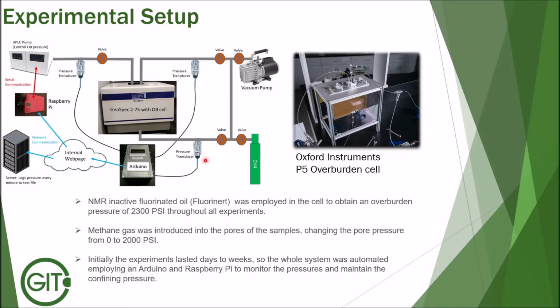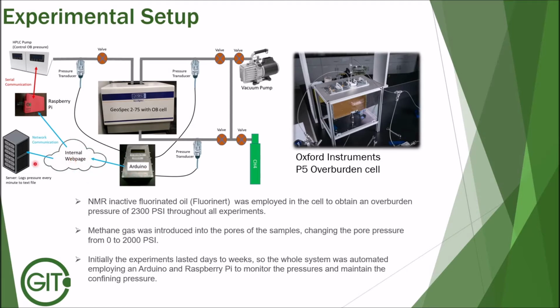The pressure is very important in this experiment, so we continually measure all the pressures using various transducers located throughout the experimental setup. All the pressures are logged via an Arduino-based data acquisition system, which pushes the pressures up to an internal website in our lab.